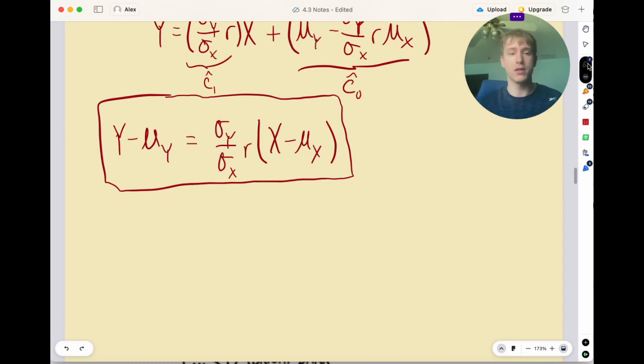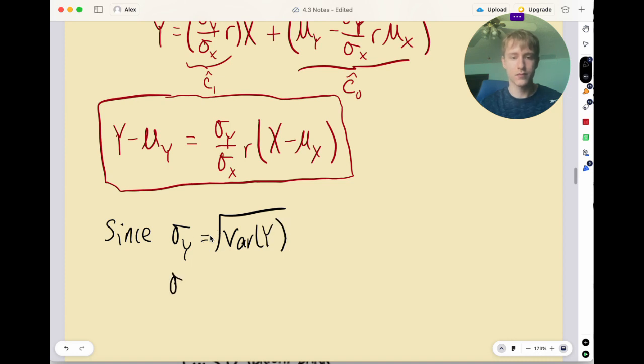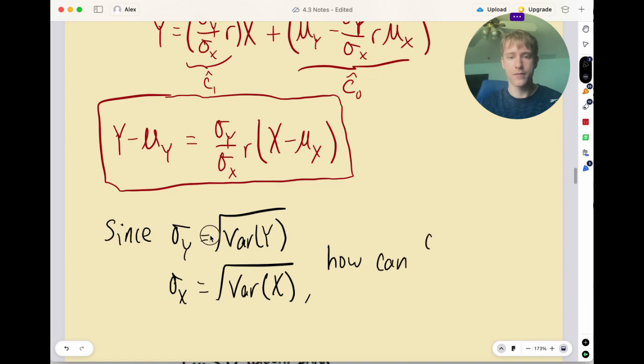It should have that capability, but clearly the way that this was defined as the square root of the variance, okay, so since sigma y is basically the square root of the variance of y, and likewise for the standard deviation of x, how can sigma y over sigma x r be negative?